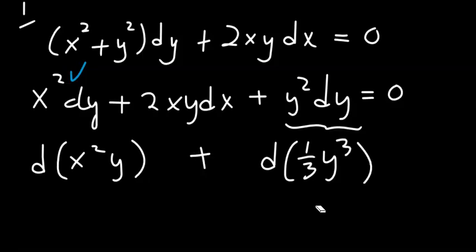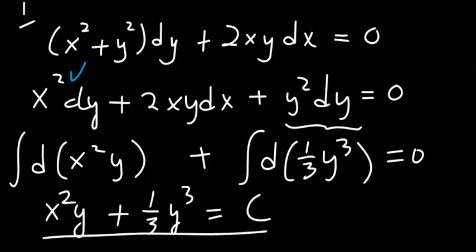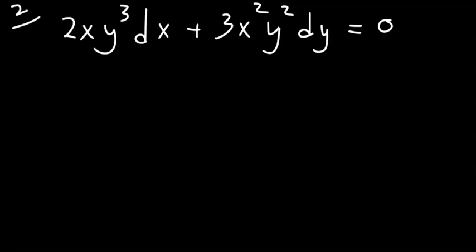So you see, we have a complete exact form for this equation. Now we can integrate both terms at once to get the answer. So it's x squared y, and the second integral leads to 1/3 y cubed, equals an integration constant, let's call it c, and that's the solution.